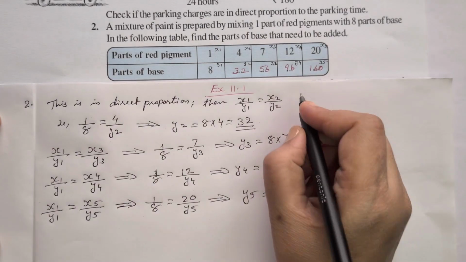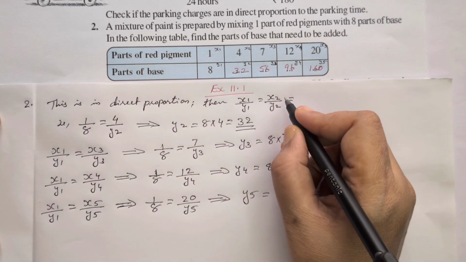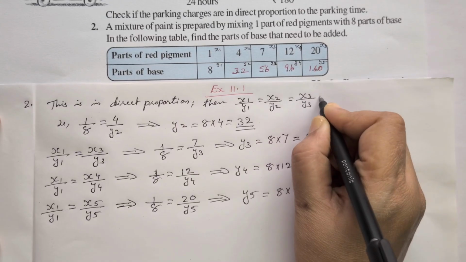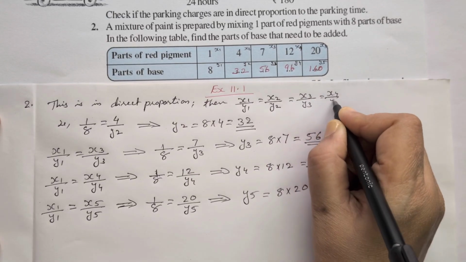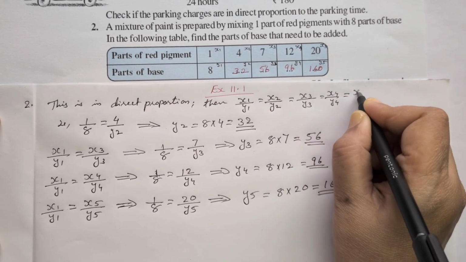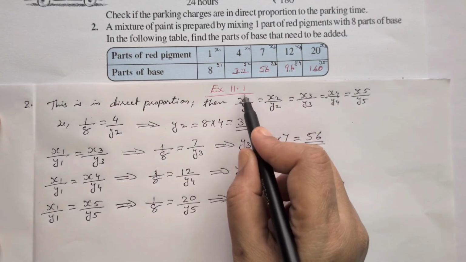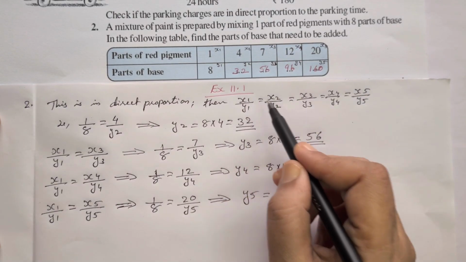So we can write x1 by y1 is equal to x2 by y2, which is equal to x3 by y3, equal to x4 by y4, and that is equal to x5 by y5. In each case we are comparing with the first one, which is given.